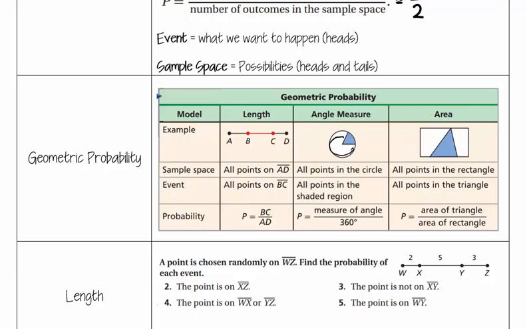The probability is going to be however big the angle is divided by 360 degrees, because there's always 360 degrees in a circle. For area, you're going to find the total area of the shape, and that's going to be your sample space, and then your event's going to be whatever they say. So for this, they wanted you to find the probability that it hits a triangle, so you'd find the area of that triangle.